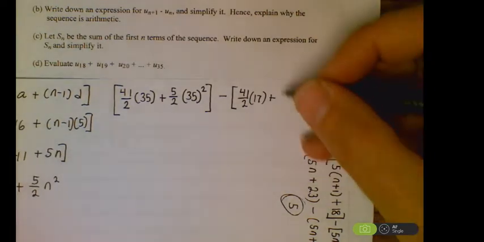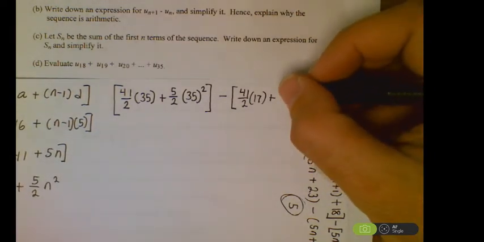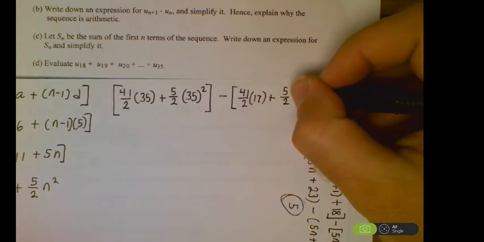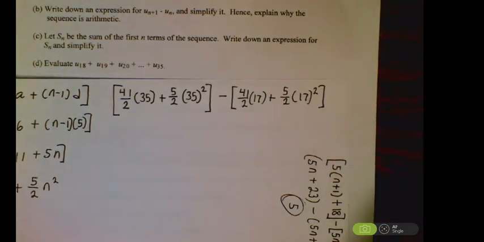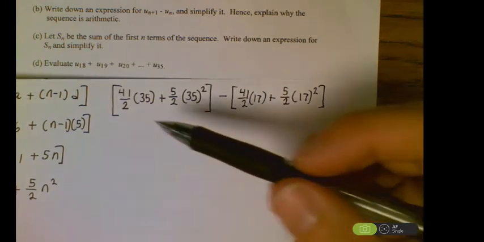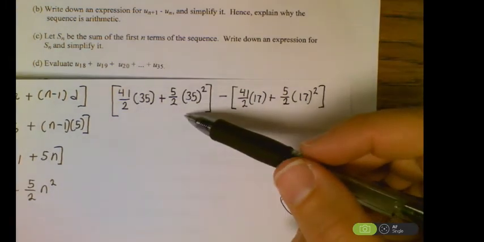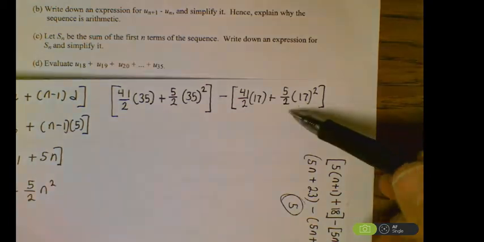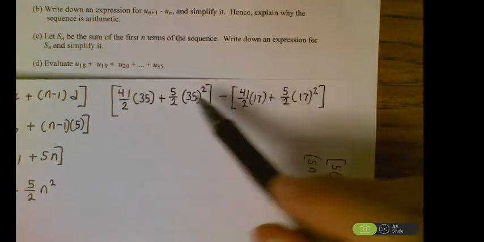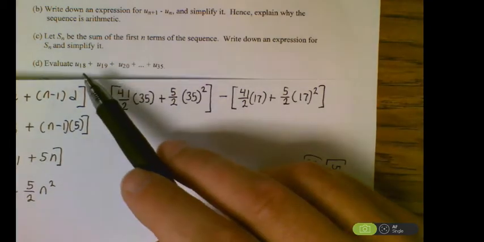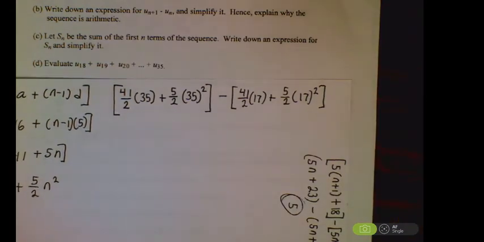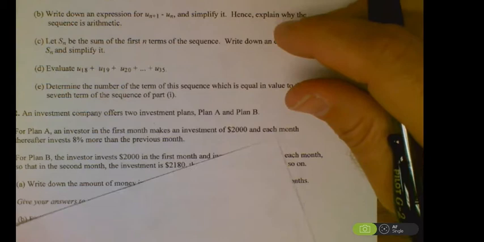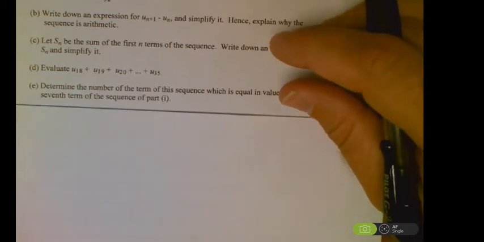There we go. And so what you're seeing on that setup again is I have the sum of the first 35 terms. I'm now going to take away the first 17 terms, and that's going to leave me with terms 18 through 35. And so that's our setup right there. The rest of that is calculator work, so that's just something you can put into a calculator.